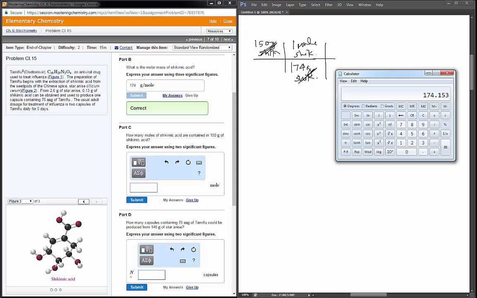And then I plug that into the calculator and see 150 divided by 174 gives me 0.862 moles.